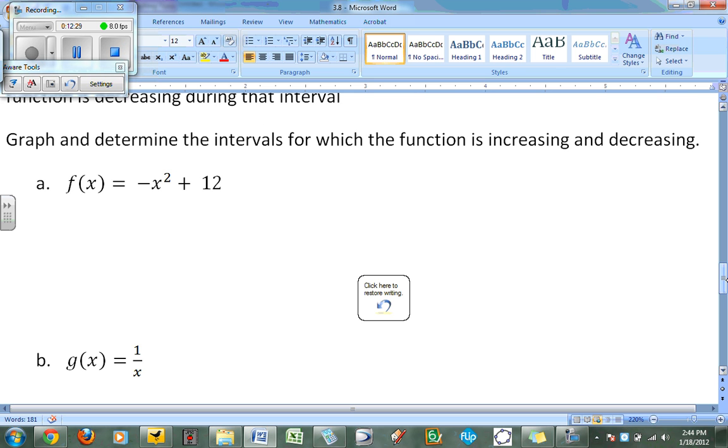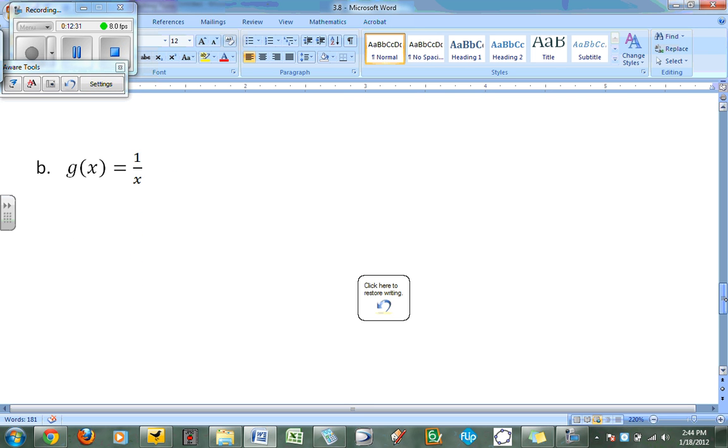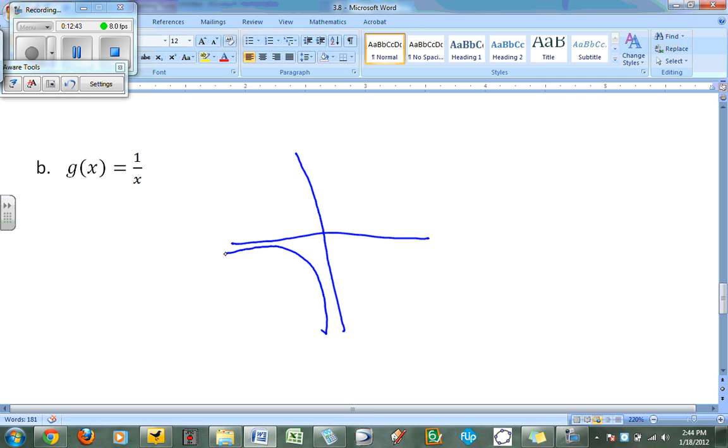All right, and then if we look at the graph 1 over x, we already know what the graph looks like here. And we'll draw a line like that. Determine the points in which it's increasing and decreasing. Well, as we go from negative infinity closer and closer to 0, we see that the function is decreasing easily.